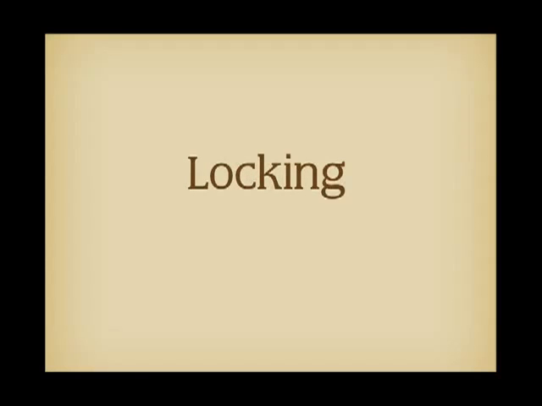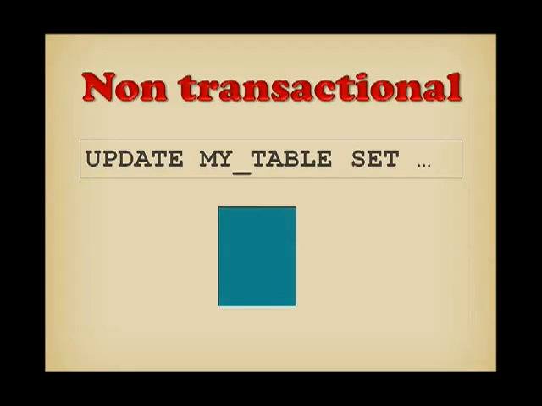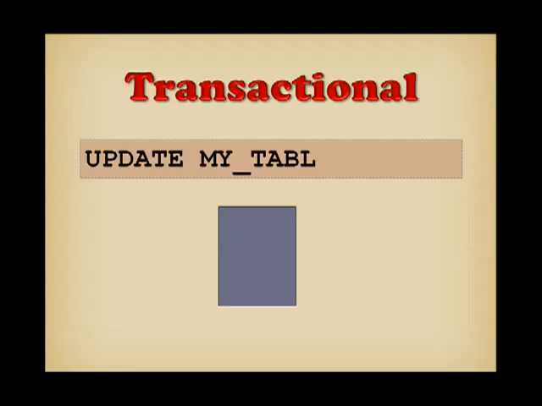A change to the content of the table is called non-transactional when you never need to roll it back. The MyISAM engine is perfect for this type of change. A change to the database is transactional when it can be undone. With databases, one says rolled back.